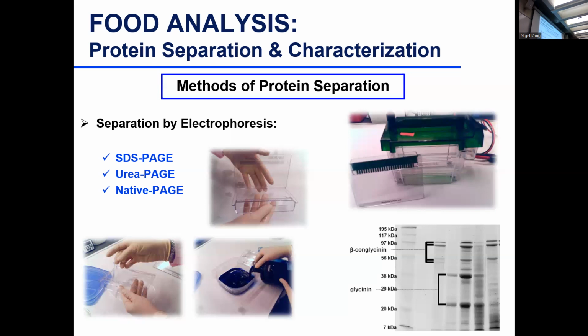But when I was a master's student, even when I was a PhD student, although there were these prepared gels, we had to prepare them ourselves. So that is a fact. So you have these gels.